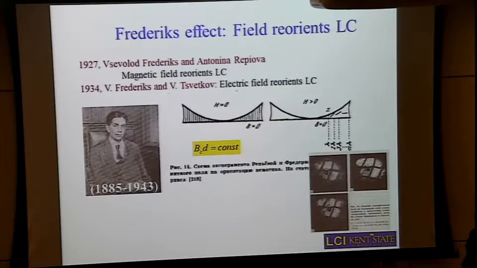The effect was discovered by Vsevolod Frederiks, who did many other things at the time. He did cosmology and made a number of interesting observations there. He did a very simple experiment. He just took a flat glass plate and a glass lens, put one on top of the other, filled the space with the liquid crystal, and then applied an electric field.